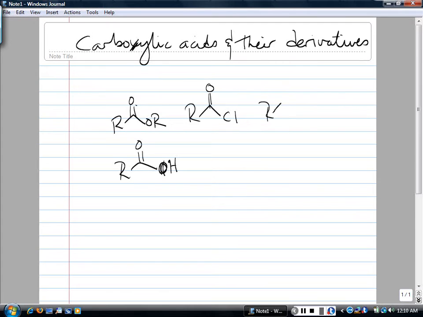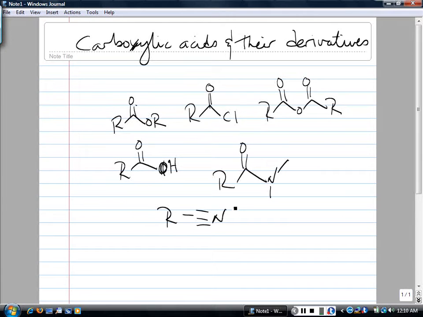They include anhydrides, and they include amides. And amides, of course, can be primary, secondary, or tertiary amides. It also includes nitriles, and even though nitriles don't have a carbonyl group and look somewhat different from carboxylic acids, they are considered carboxylic acid derivatives because there are very simple reactions you can carry out to convert the acid to the nitrile, and of course backwards.